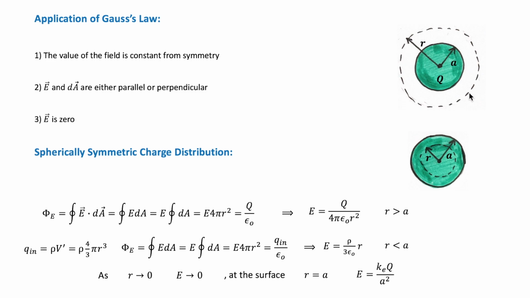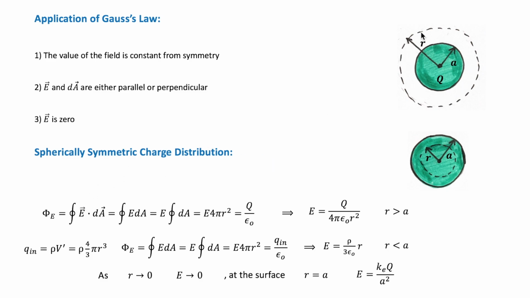So this Gaussian surface satisfies two conditions, 1 and 2. First, the electric field is constant everywhere on the surface, okay? And second, E and dA are parallel here, because this is the direction of dA and this is the direction of E. So this Gaussian surface takes advantage of the symmetry.